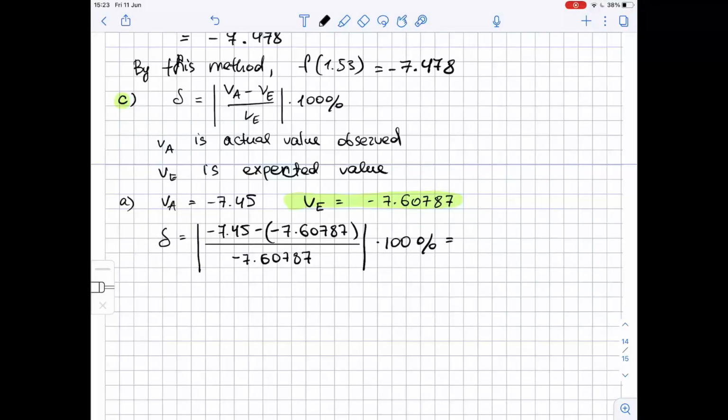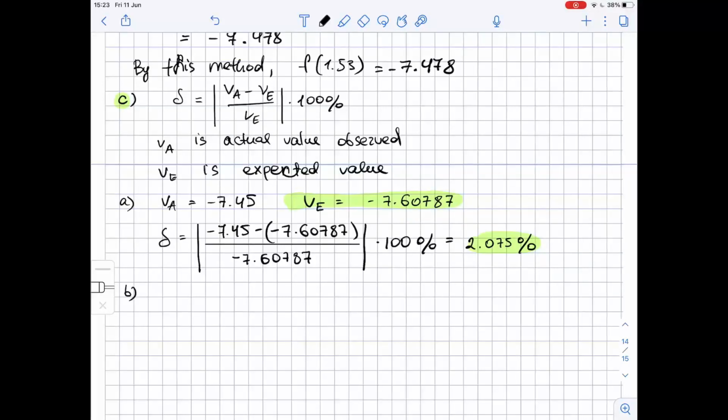So if we do all the calculations, it equals 2.075%. So this is our error in part A.